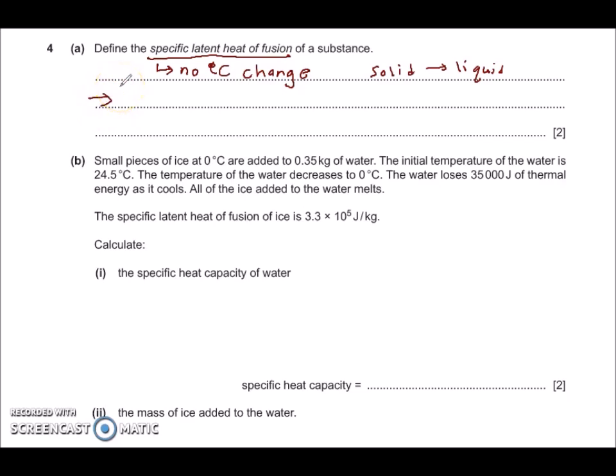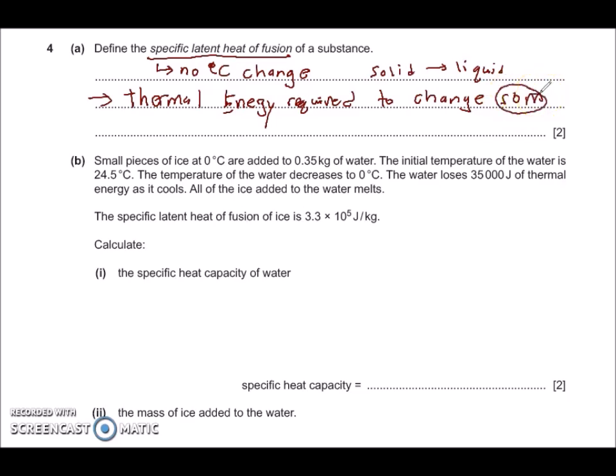So you can say thermal energy, okay, thermal energy required. I'll use a lot of short form over here. Thermal energy required to change state of matter, to change state of matter.